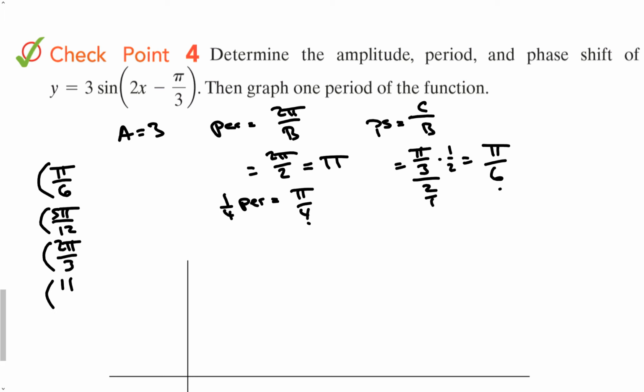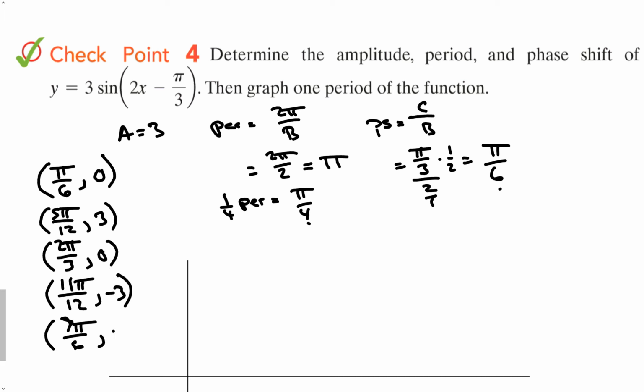Then 11 pi over 12, and finally 7 pi over 6. The amplitude is 3. There's no negative in the front. So middle, max, middle, min, middle.